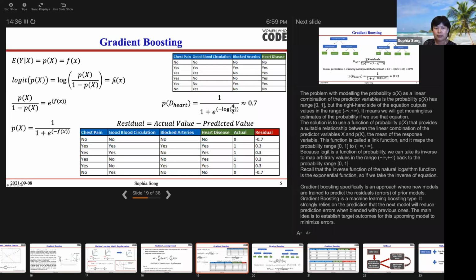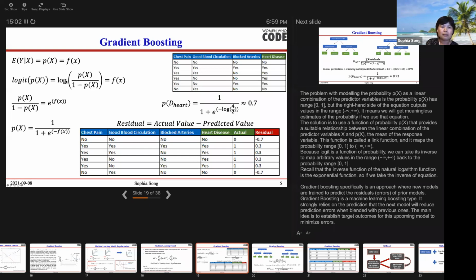It links the probability to the real world. However, in this situation we want to predict the probability, so the range should be from 0 to 1. So we need to invert this function to get the probability.